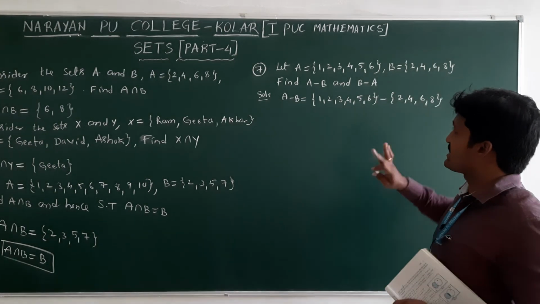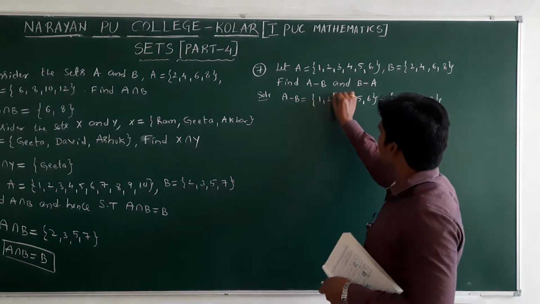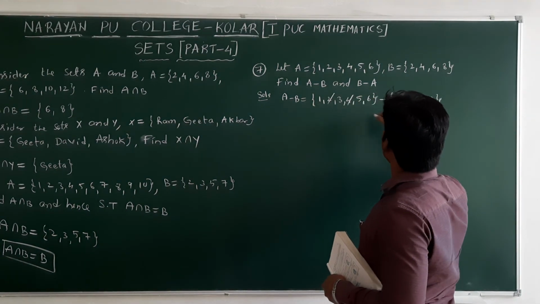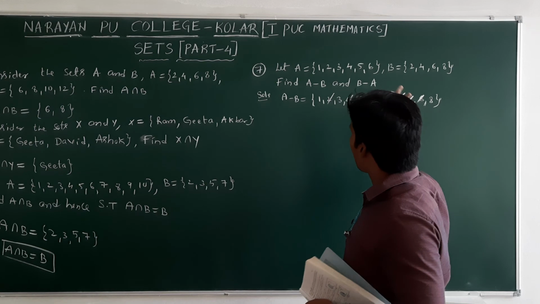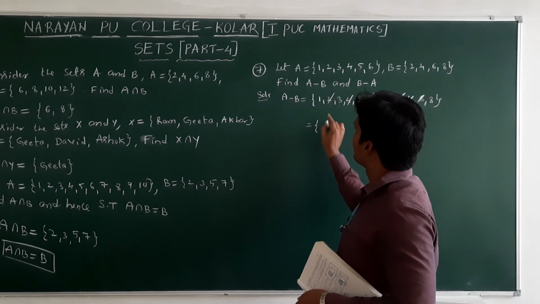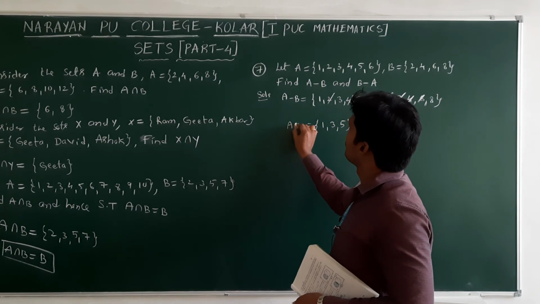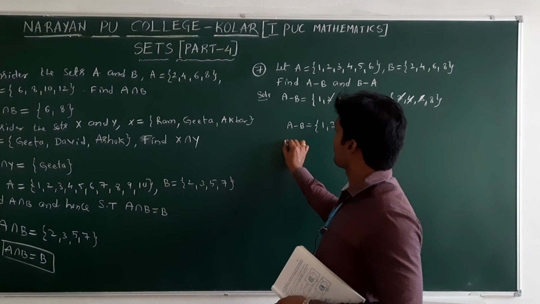For A and B, which are the common elements? Remove from A. 2 is there, so eliminate 2, 4 and 6. The remaining elements present in only A are 1, 3, 5. This is A minus B.